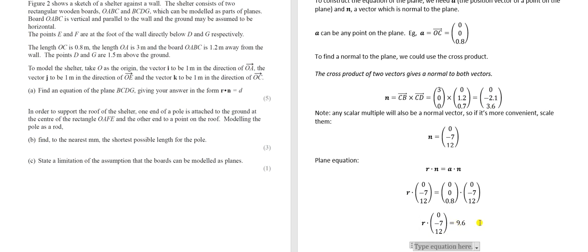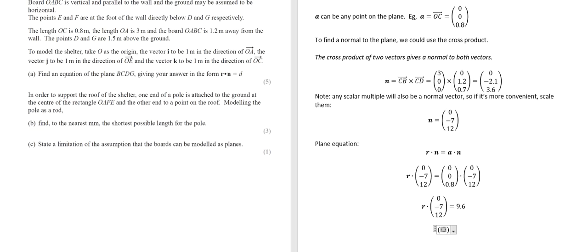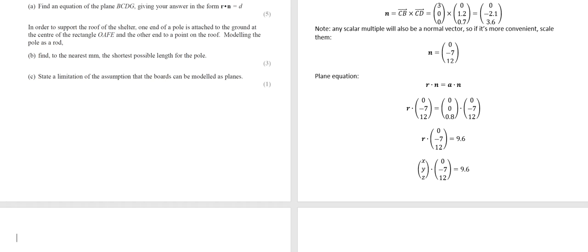And in fact, you might remember that because R represents a general point in 3D, it could even be represented as x, y, z. So if they'd asked you for the Cartesian equation of the plane, you could construct it simply by doing this. And then by expanding out, so performing the dot product on the left, we'd get 0 x's, -7 y's, 12 z's, and a 9.6.